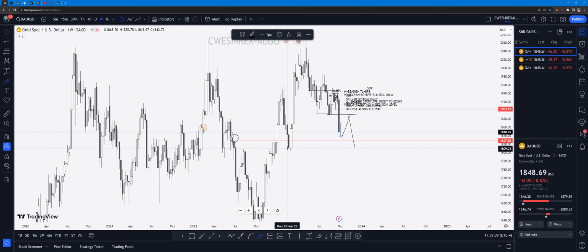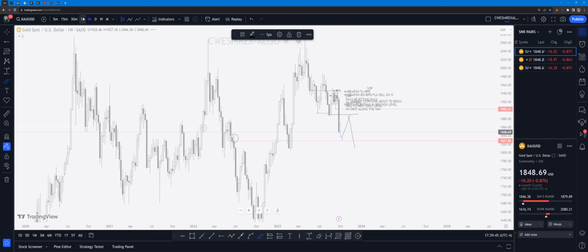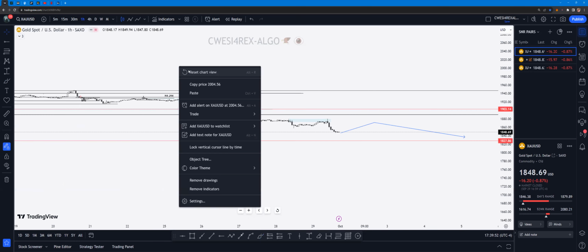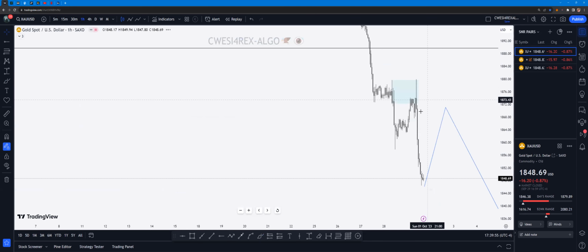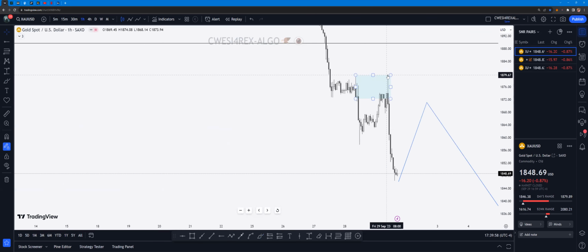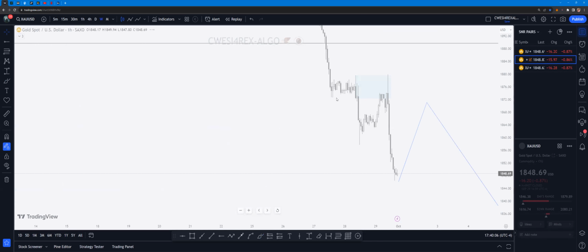Yeah, I think we have some trend line also somewhere. Yeah, so on Friday, I took some sells. Let me explain. This sell over here came from a level on the weekly time frame.